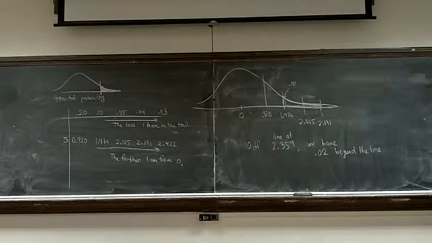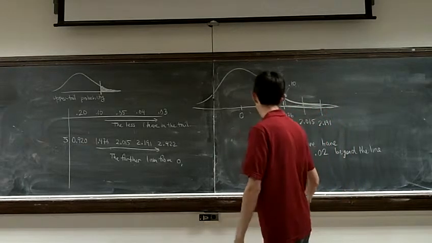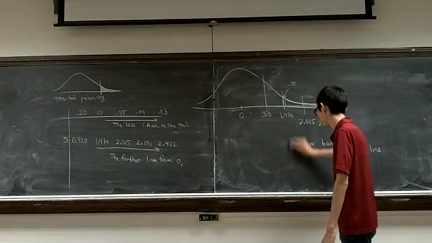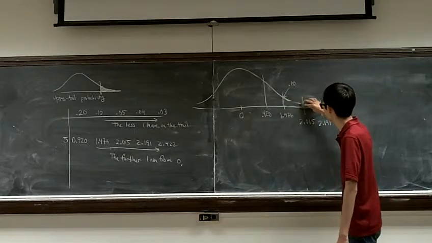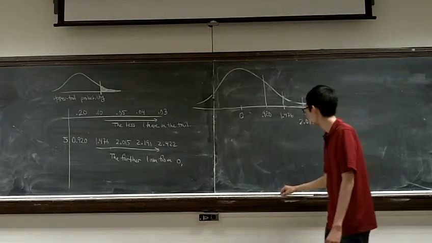Let's say I have 5 degrees of freedom, and I'm drawing a line at 1.7. How much would I have beyond 1.7? 5 degrees of freedom. Hmm? 5%?